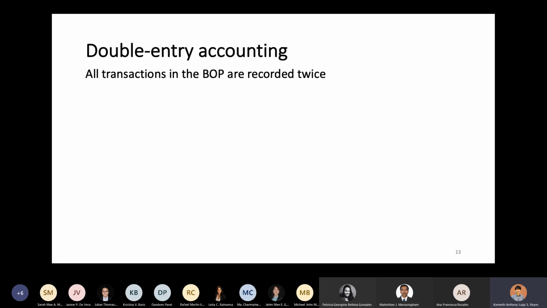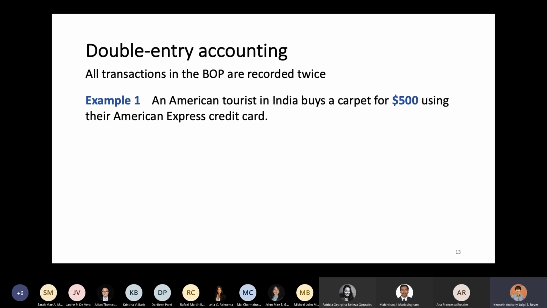All transactions in the BOP are counted in what's called double entry accounting. This is different from the SNA, which has quadruple entry accounting, because for the BOP, you really only are interested in residents. So here's some examples to make it concrete. Let's say an American tourist buys carpet in India for $500 using a credit card.